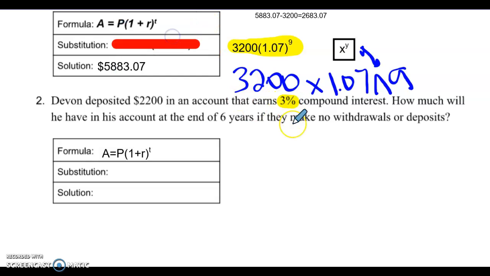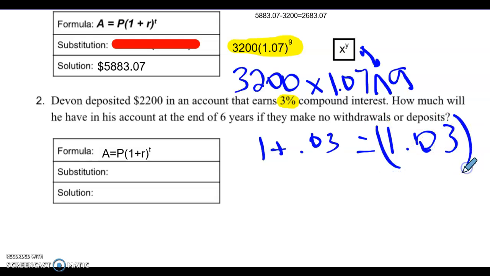So I'm going to do my 1 plus, and I don't want it to be 3%. 3% is going to be 0.03. So 1 plus 0.03 equals 1.03. So that's going to go into my parentheses, and my years is 6 right there.